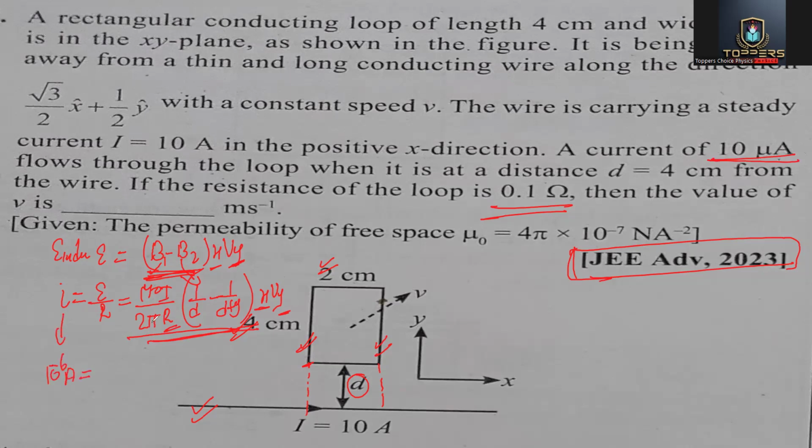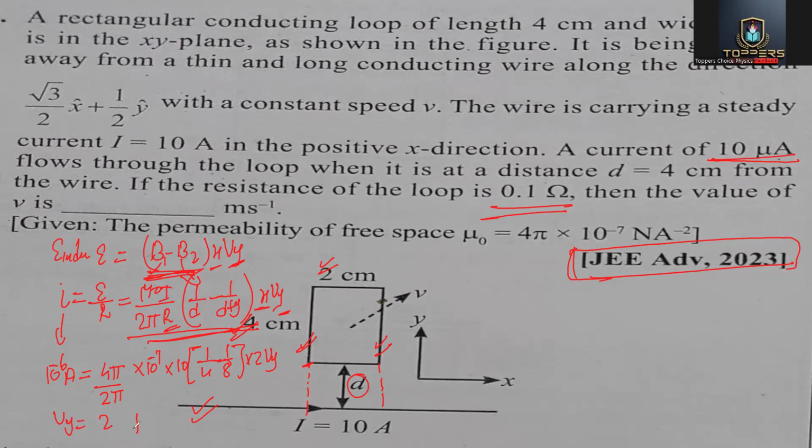And this will be 4 pi, because mu naught upon 2 pi they have given, 4 pi into 10 to power minus 7 divided by 2 pi into 10 into what? 1 by 4 minus 1 by 8 into 2 into Vy. So Vy, they have given how much?